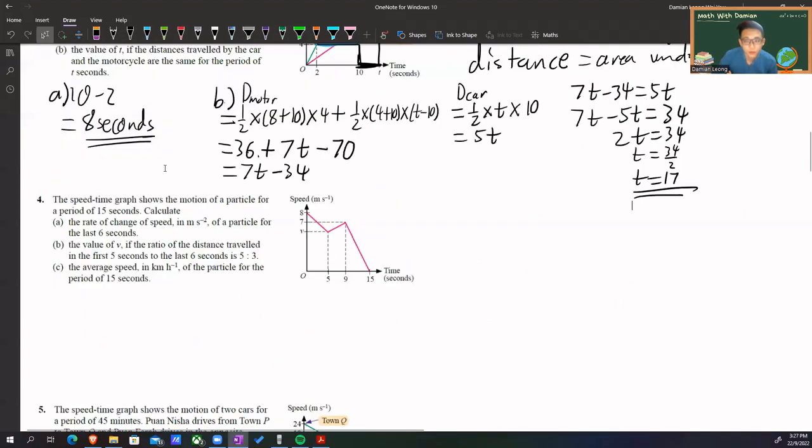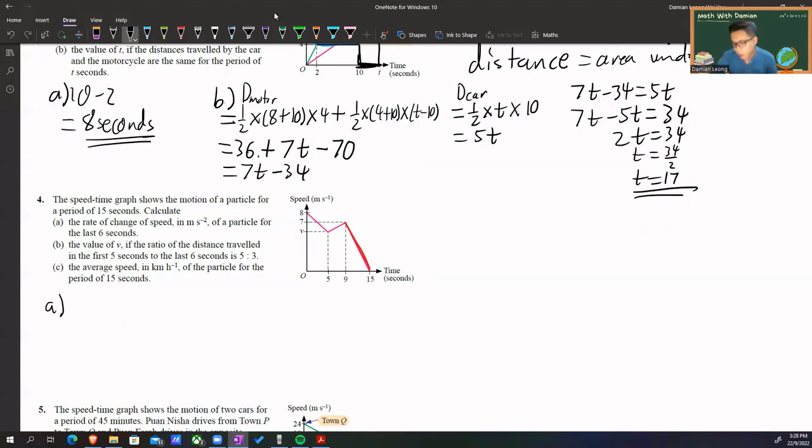Now we look at question 4. The speed against time graph shows the motion of a particle for the period of 15 seconds. Calculate the rate of change of speed in meter per second square of the particle for the last 6 seconds. Last 6 seconds means from 9 until 15 seconds, this last part here. Okay, rate of change of speed means basically the deceleration.